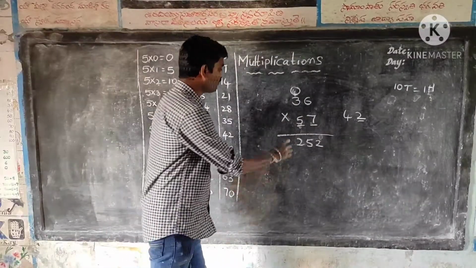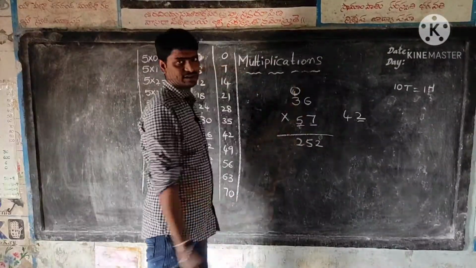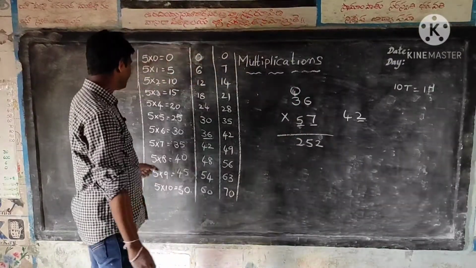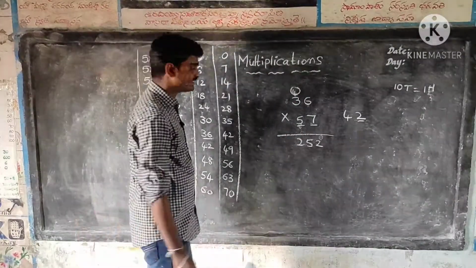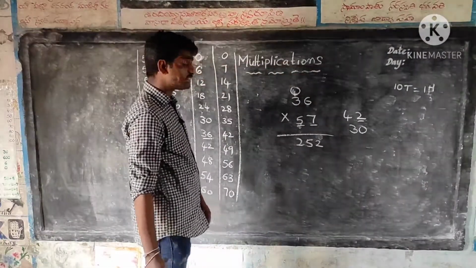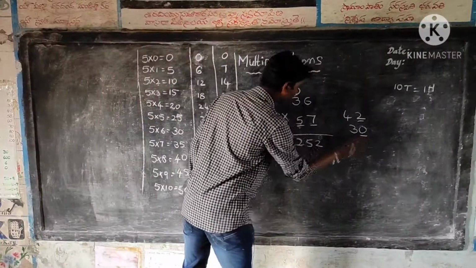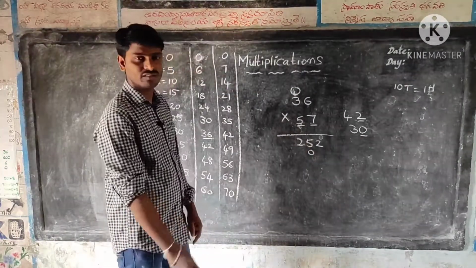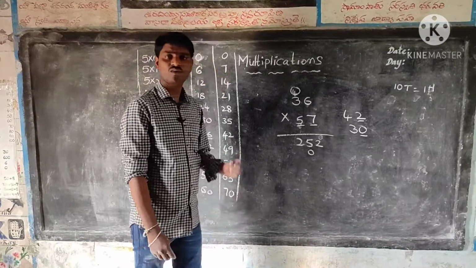Okay? 5 sixes are 30. In this 30, you write the 0 under the 5. Why, sir? Why?